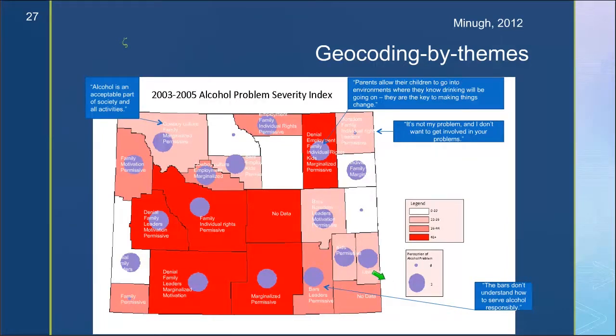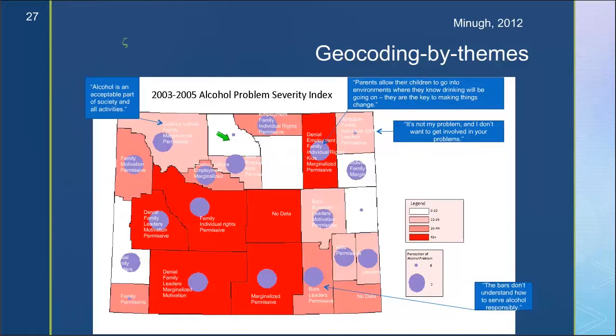So this joint display, this outline, is the state of Wyoming in the US. Each of these areas are regions within Wyoming. So what she used is color coding to represent that alcohol problem severity index. So these darker red regions have a greater problem. The lighter colored regions, like we see over here, have less of a problem.